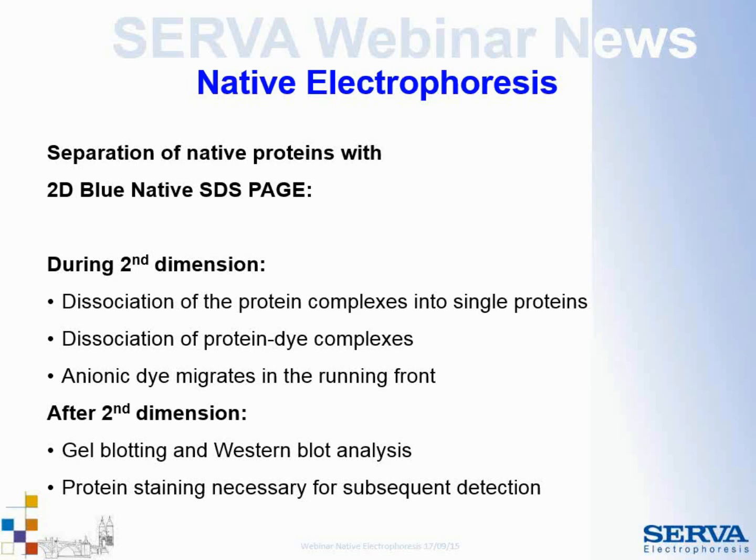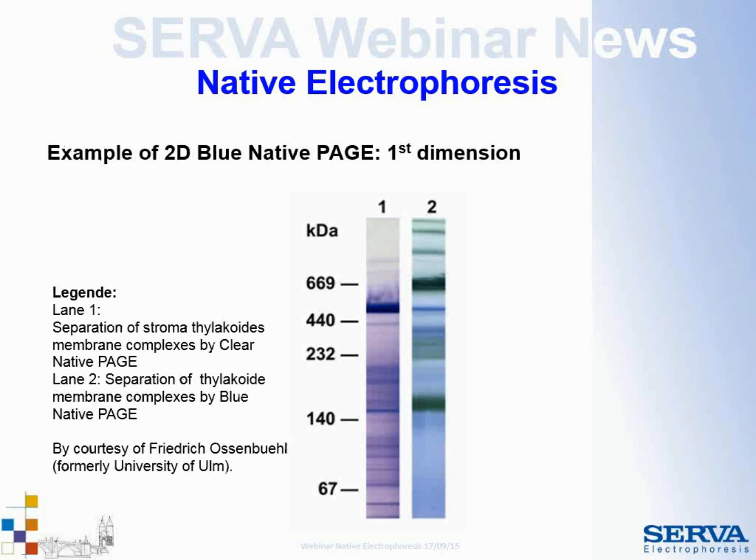After the second dimension, there are different detection possibilities: gel blotting and Western blot analysis, or direct protein staining and documentation analysis of the gel. This is an example for the first dimension of the 2D Blue Native PAGE.